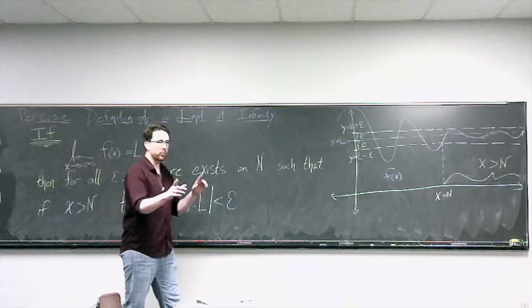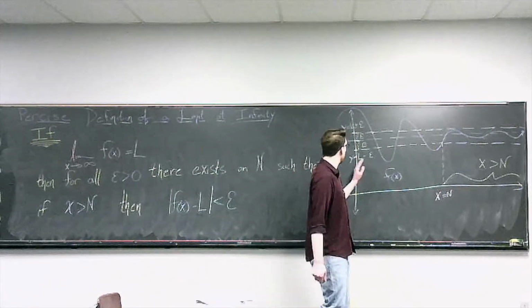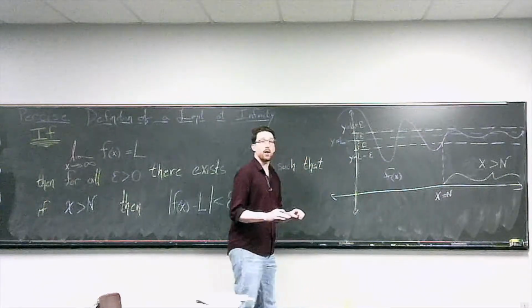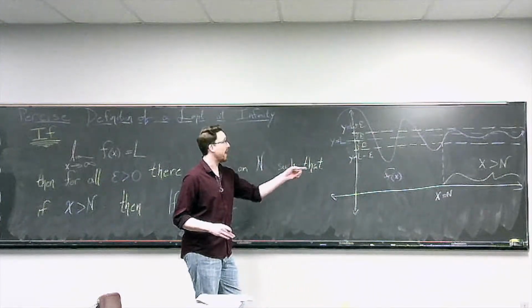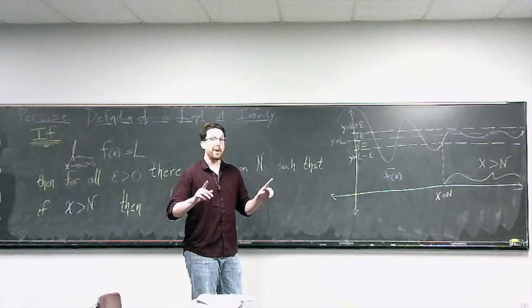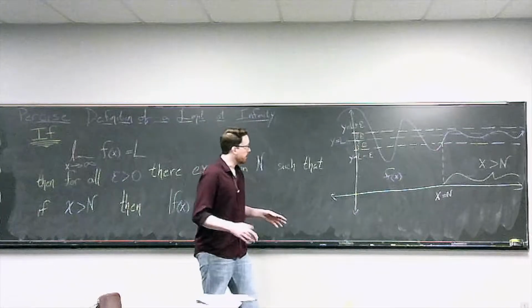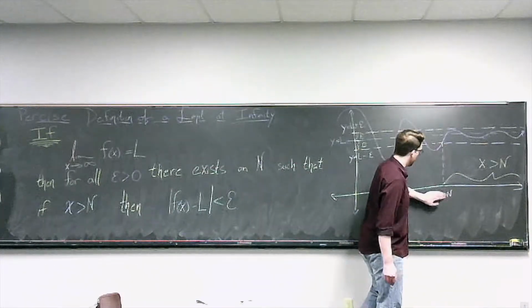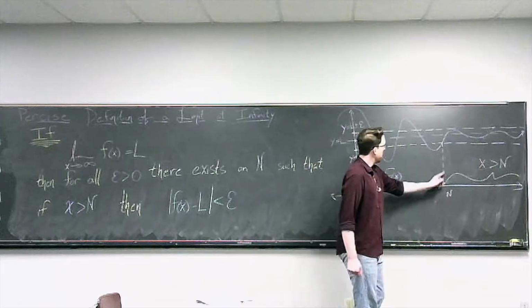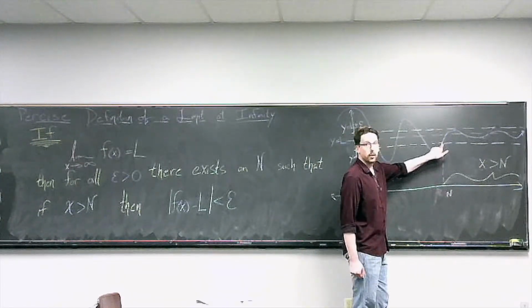Okay, let's look at the picture. We get this function, and like I said, the limit goes to L as x goes to infinity. So we're going to pick some n value, this n here. Our function is here, right?